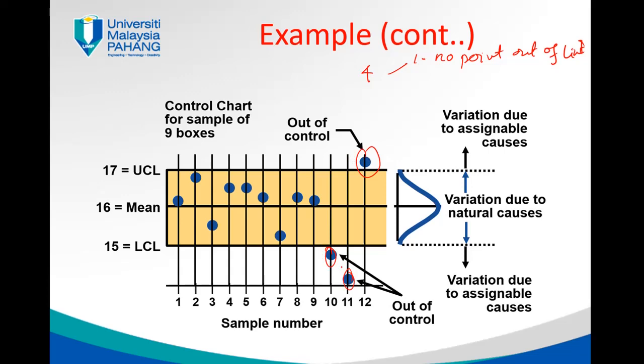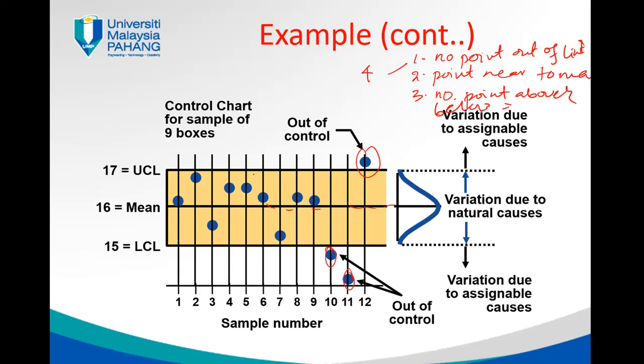Criteria number 2, points near to the mean. The points are near to the mean line. Number 3, the number of points above and below roughly equal.